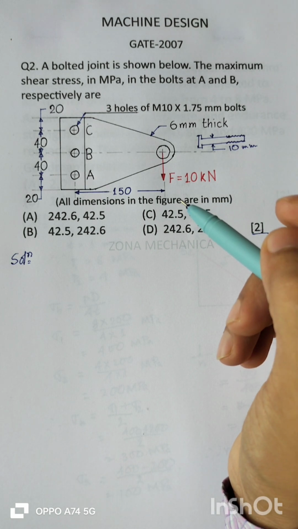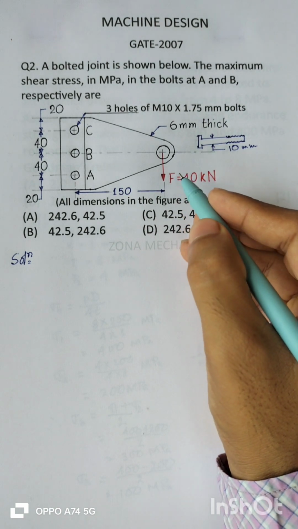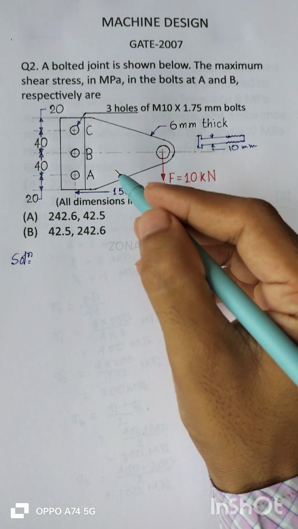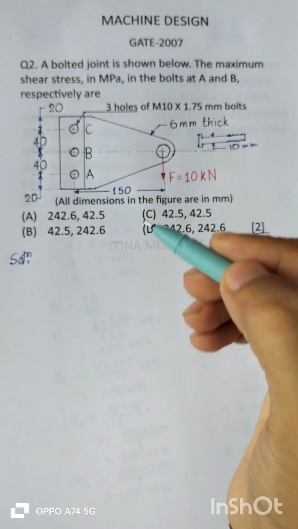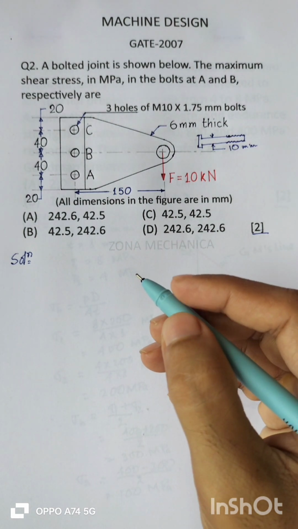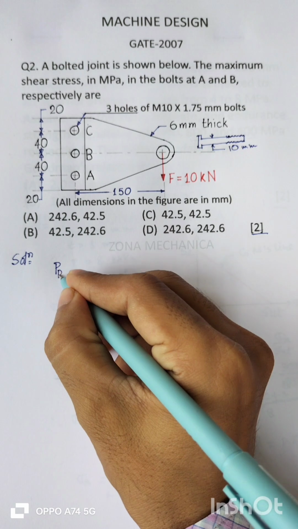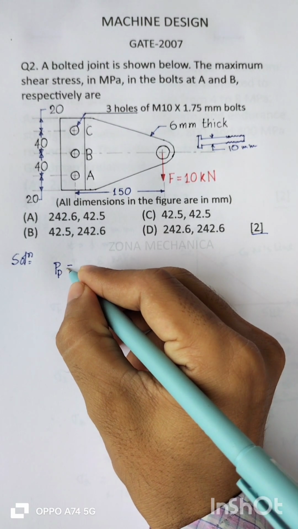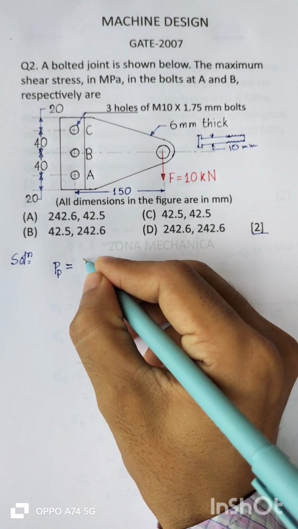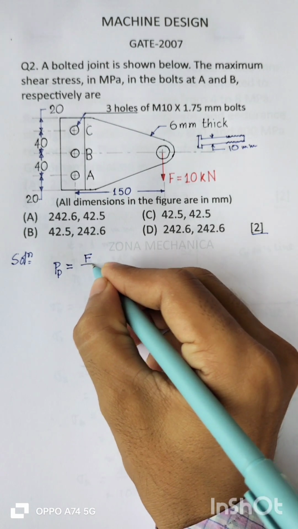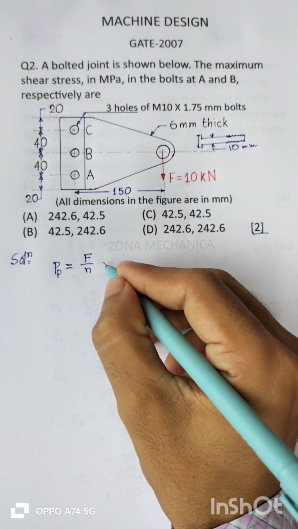See, the fraction of the direct load carried by each bolt is known as the primary load. So if PP be the primary load shared by each bolt, then it will be F by N. N is the number of bolts.